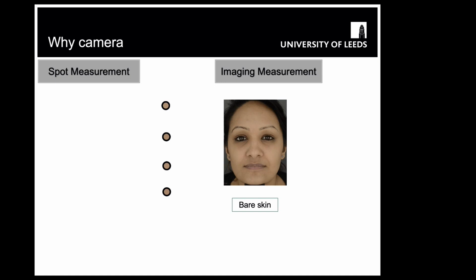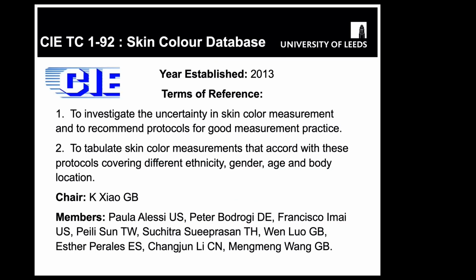Okay, so in this sense, with the imaging measurement method, you get much more informative data because you not only get the four points, you can measure any point on your face. And after measurement, you can still load your image and do different color measurements. Okay. So definitely there are advantages to using the imaging measurement method, in other words, using a digital camera to do facial imaging and facial color measurement.